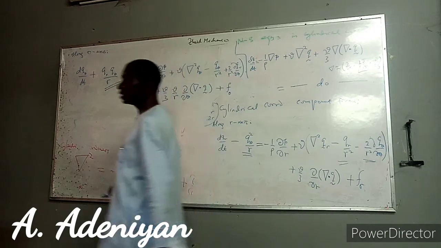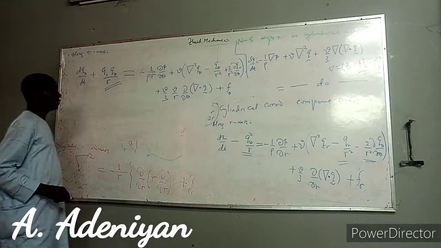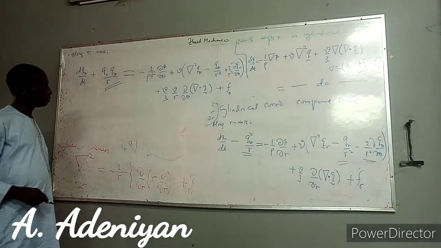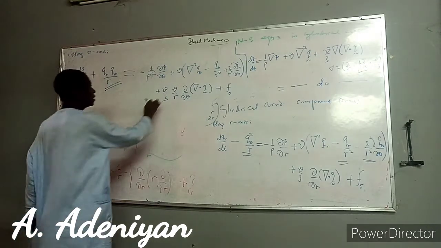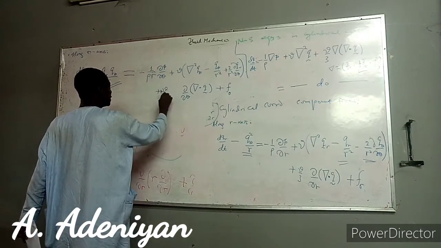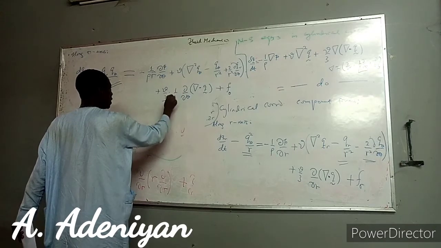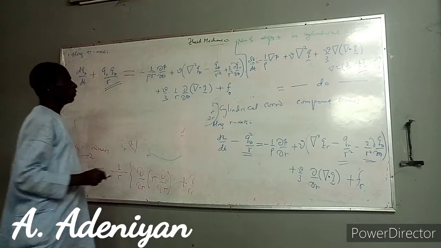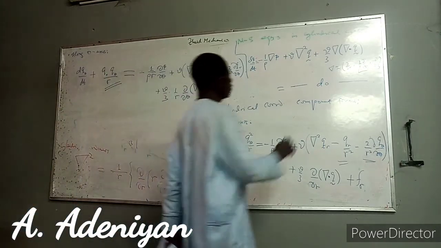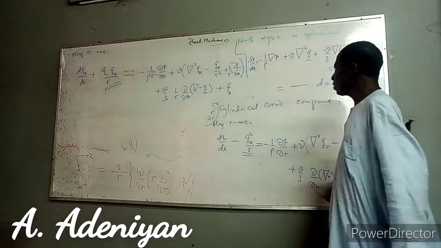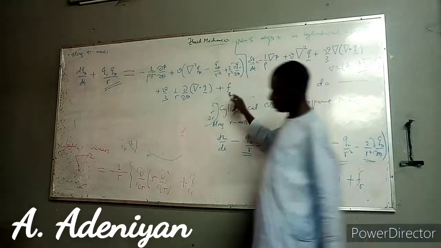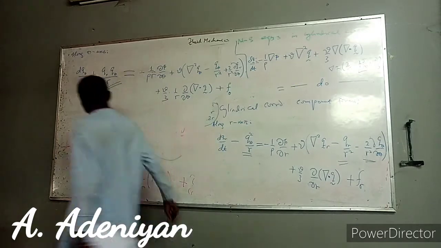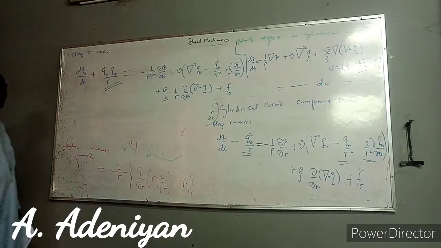That is if there is body force per unit mass. Also, I have nu over r. I'm very sorry, that 1 over r. Thank you for that. So this F theta is body force along the theta axis and it is per unit mass.